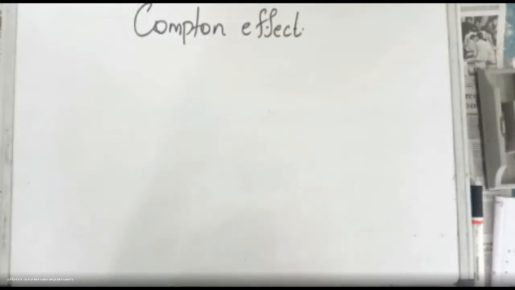So the electron in the metal surface absorbs energy from the X-ray. That is why the scattered X-ray has lower energy than the incident one. That is the explanation given by Compton.